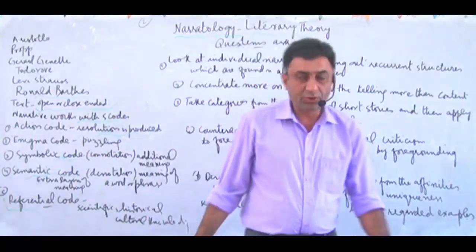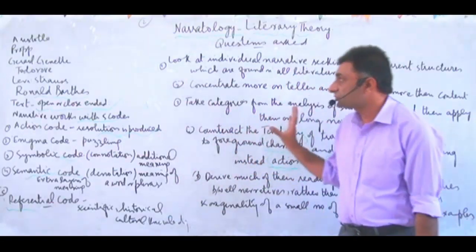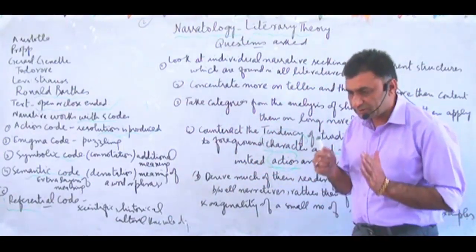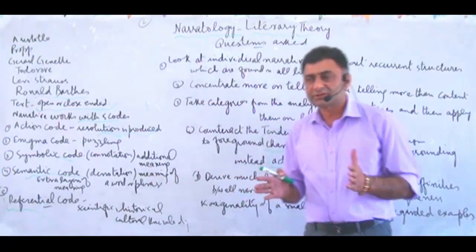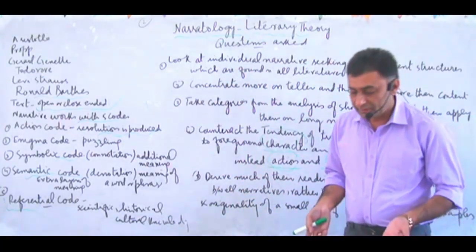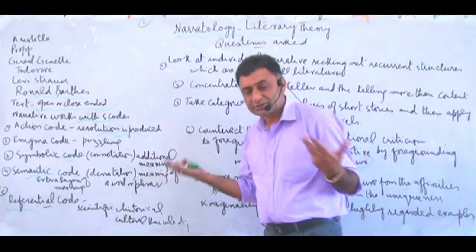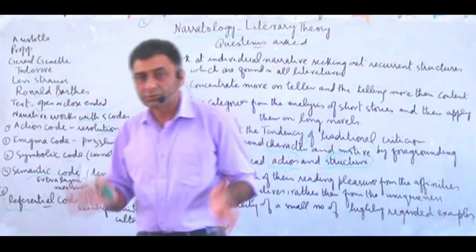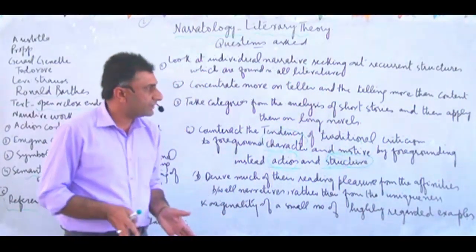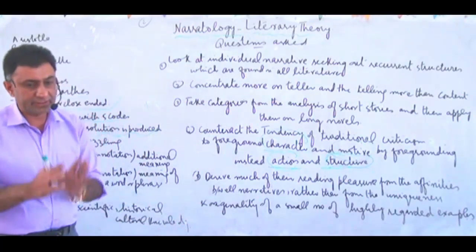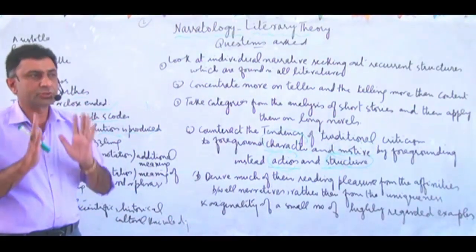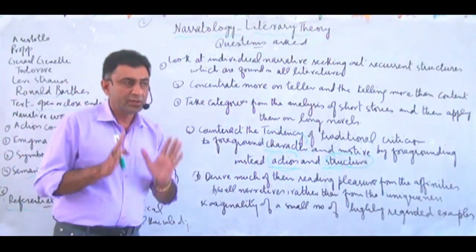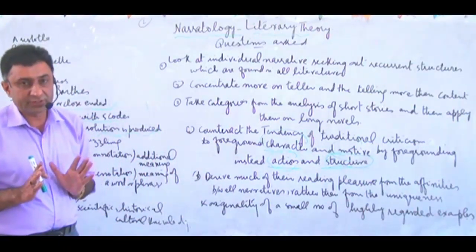Now, narratology is also a thing which tells us what the meanings of life are, what the meanings of text are, what the meaning of society, of this culture, of the human being is, where we are to go, where we are moving. Narratology means that you are going to narrate something, and narrative means that when you are saying something, you are going to tell your ideologies. Political sayings are narratives.